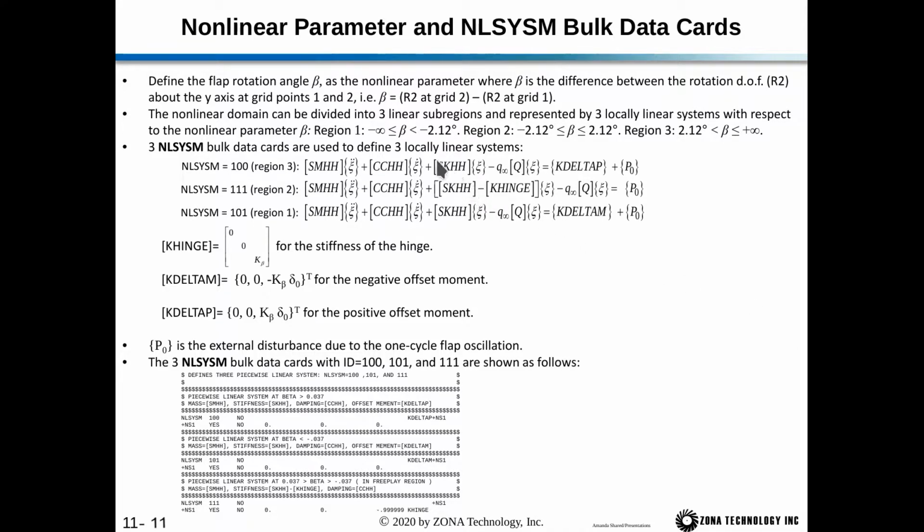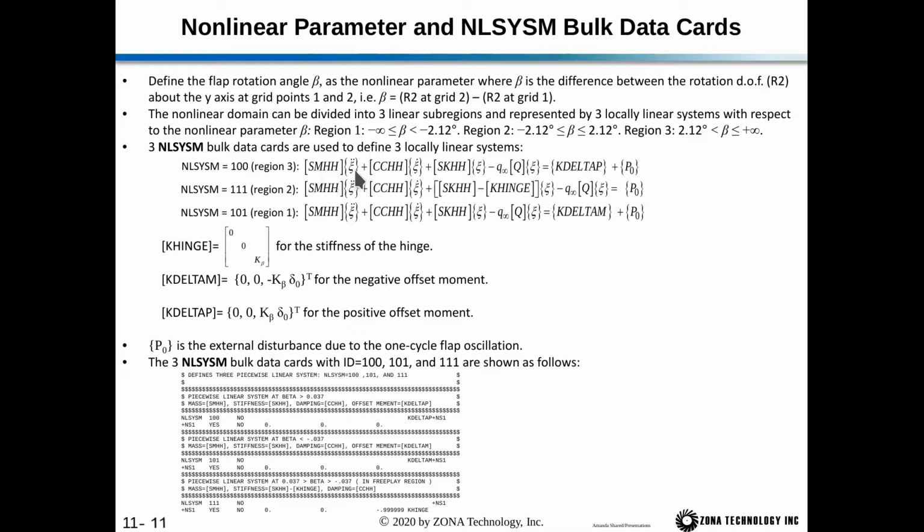So region 1 is when beta is less than minus 2.12 degrees. Region 2 is when beta is within plus or minus 2.12 degrees. And region 3 is when beta is greater than 2.12 degrees. And now we have 3 nonlinear system matrix bulk data cards to define these 3 locally linear systems.